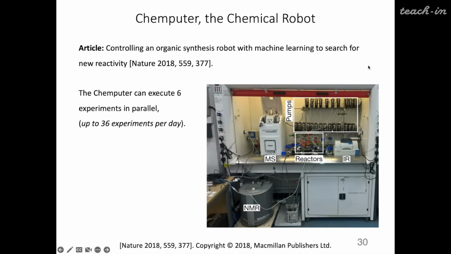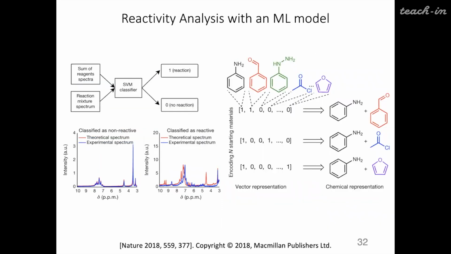In this work, the authors proposed the computer as we discussed it, so it can execute experiments in parallel, and it includes analytics hardware as well, like mass spectrometer, nuclear magnetic resonance spectrometer, infrared spectrometer, etc. So this device can be used to perform reactions automatically and to explore reaction space in the following fashion.